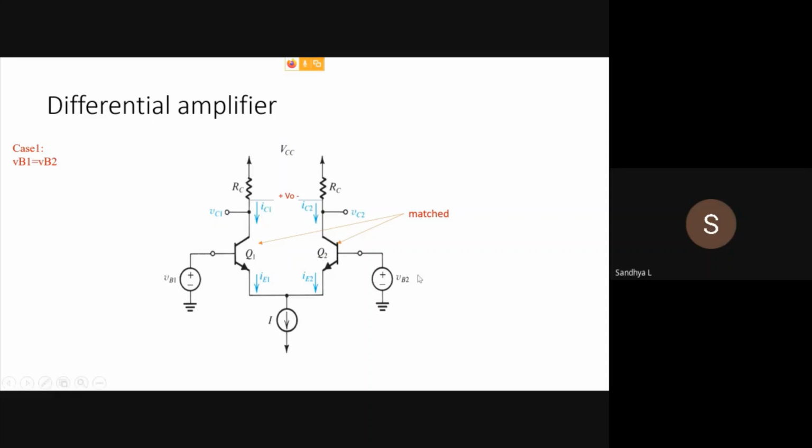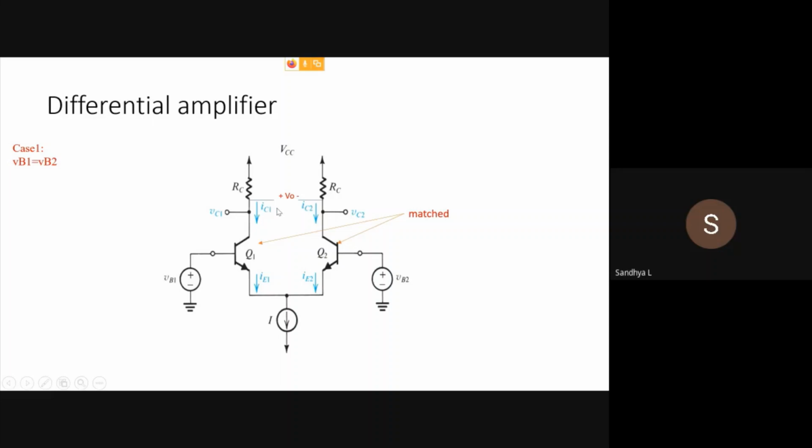So in this particular situation, we are going to prove that V naught, you can see the polarity of V naught assumed here, that is Vc1 minus Vc2 is equal to V naught. So we have taken the polarity like this. If you take the polarity in the opposite form, that is here plus and here minus, then it will be Vc2 minus Vc1.